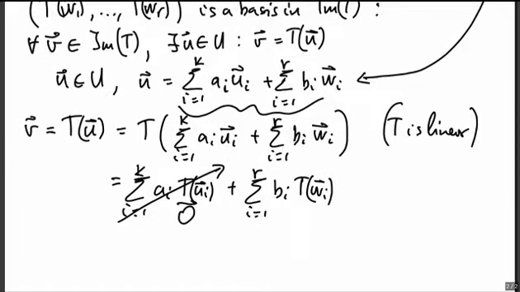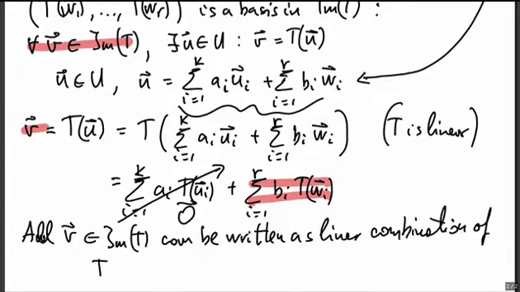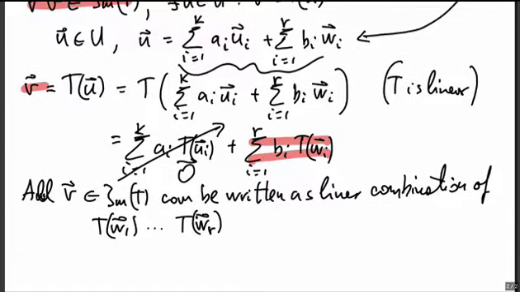And then what we obtained is that all vectors in the image can be written as a linear combination of the TWI vectors. All V in the image of T can be written as a linear combination of TW1, TWR. That means these vectors span the image.